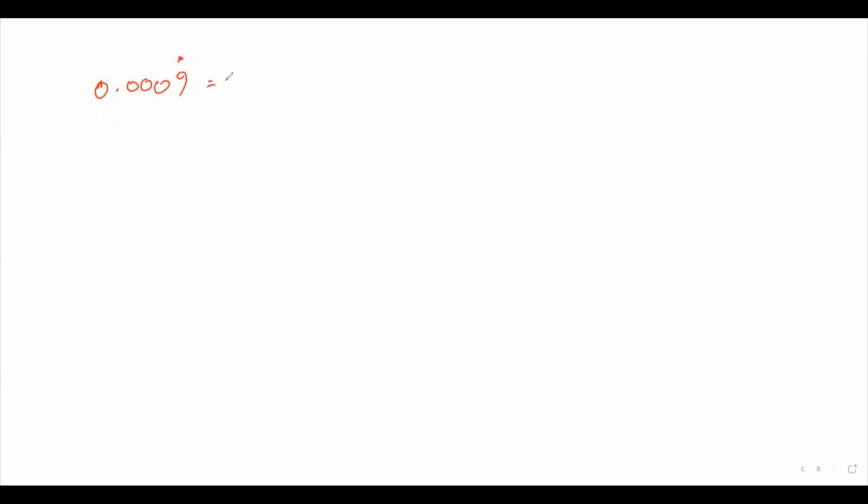So if you want to expand this, basically, this is what you see: 3 zeros and then 9, 9, 9, 9, and it keeps going forever. So let's call that x. This is the first step, and you should always do that. You can write the expanded version of it or stick to this one. Both are correct.